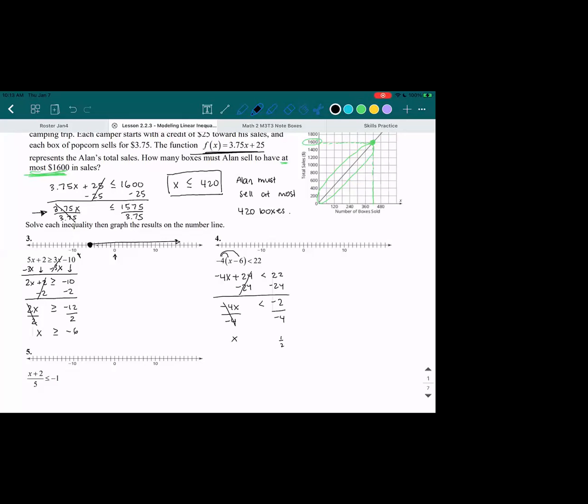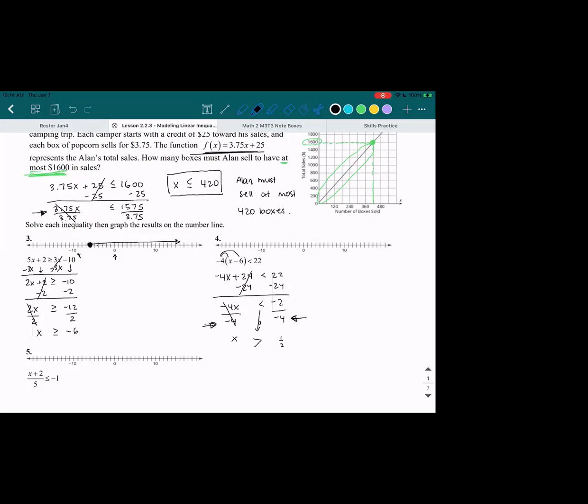Now notice we finally did the thing where we divided by a negative number on both sides. Divided by -4 on the left, divided by -4 on the right. So that means our symbol needs to flip. So instead of a less than symbol, it becomes a greater than symbol. X has to be greater than 1/2 because we divided by a negative on both sides.